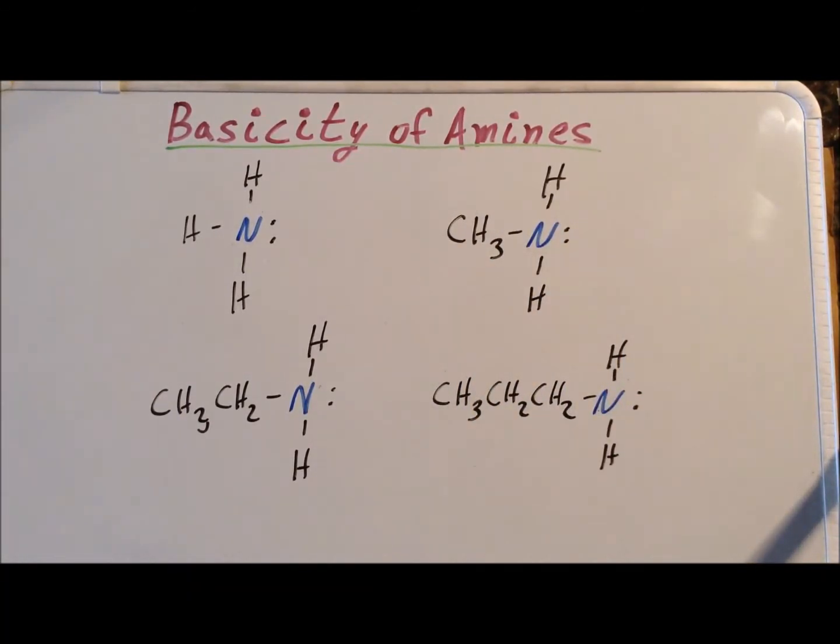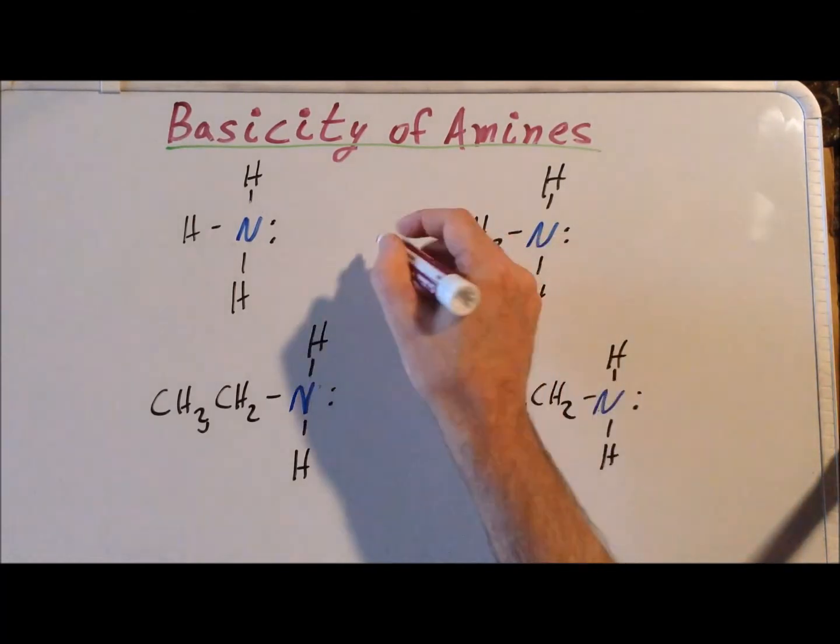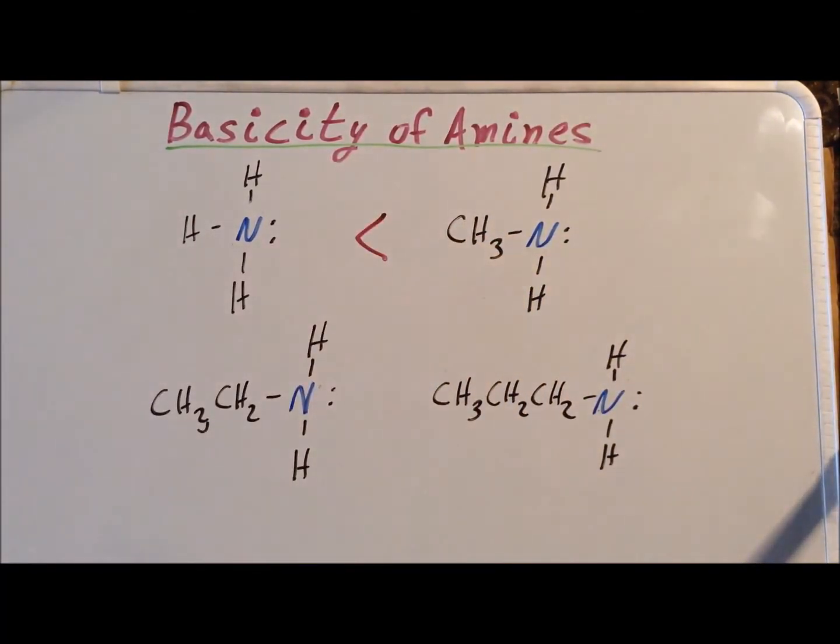It's confirmed by both experiment and by calculations. If we have an ethyl group, the ethyl group has even more electrons, so it's going to have an even greater effect releasing electrons onto nitrogen and making the nitrogen lone pair more available for bonding, which will make it a stronger base. A propyl group has still more electrons, so we would predict that methylamine is going to be a stronger base than ammonia.